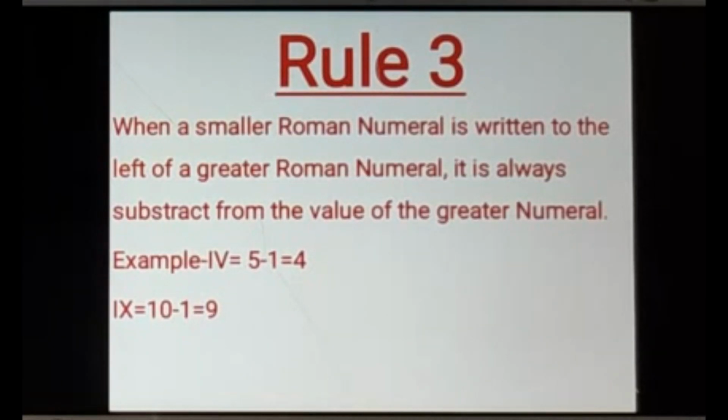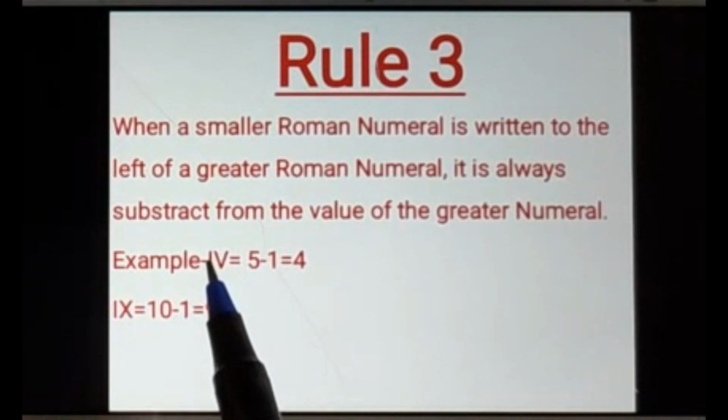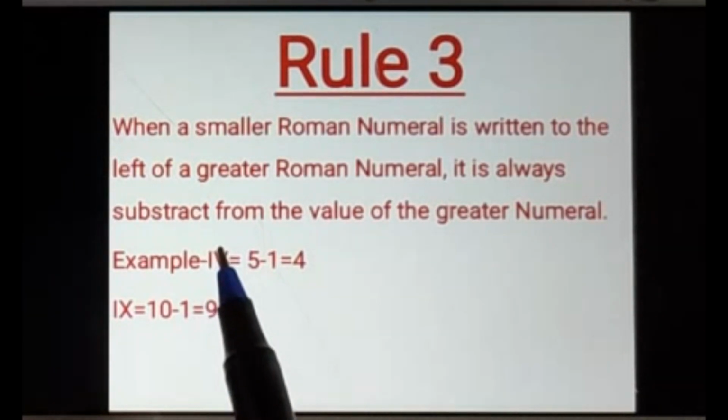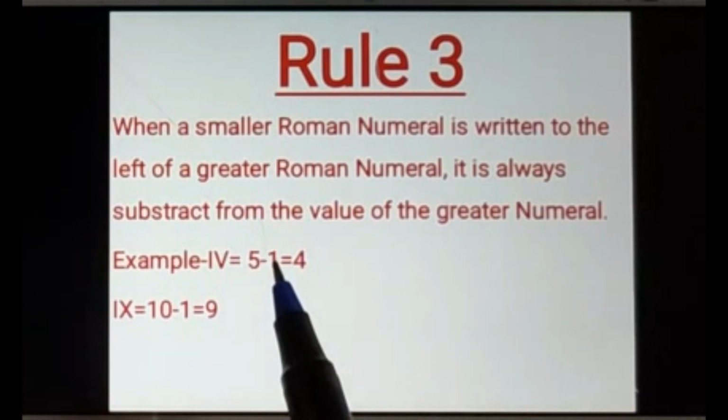Proceeding further to rule number 3, it states that when a smaller Roman numeral is written to the left of the greater Roman numeral, it is always subtracted. So it is basically the opposite of rule number 2, you can say. Here V is a greater Roman numeral and I is smaller, so if it is on the left hand side, then in this condition you will subtract V minus I, that is 5 minus 1 is equal to 4.